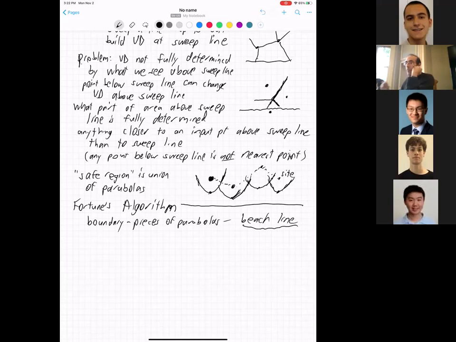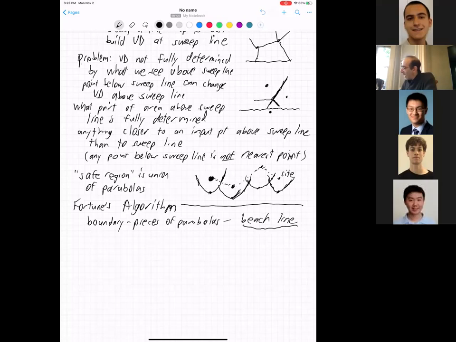It's very poetic. Think about the water coming in on the beach. You've got these separate flows that kind of all merge together into this curvy shape. And so that's called the beach line. Okay.